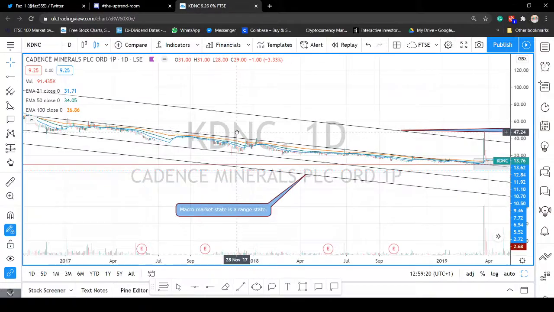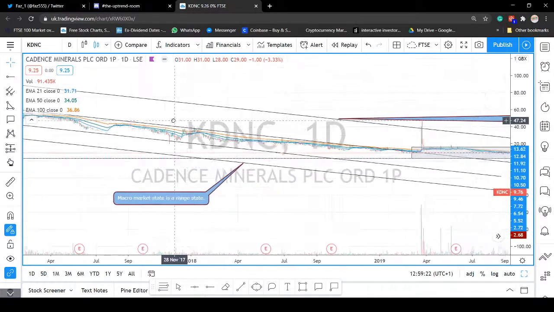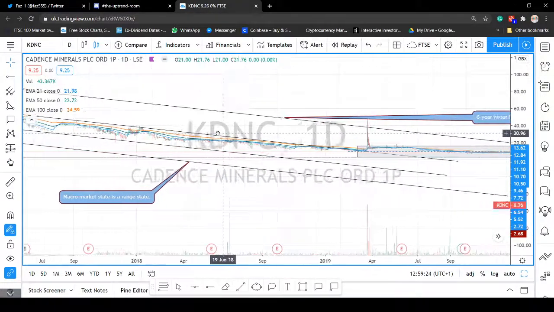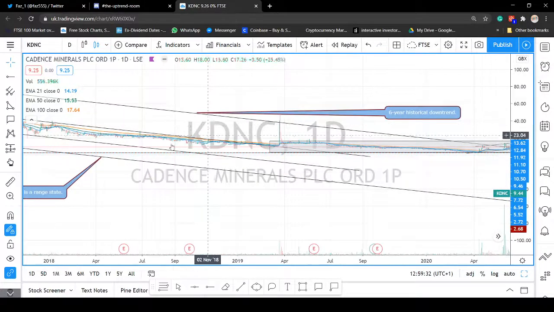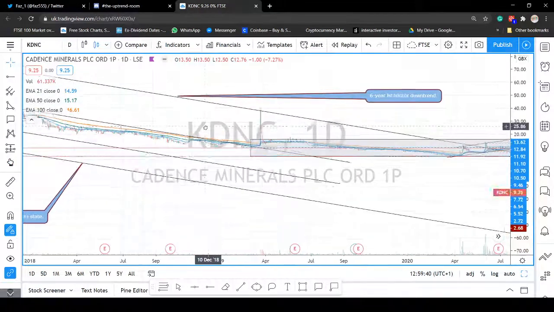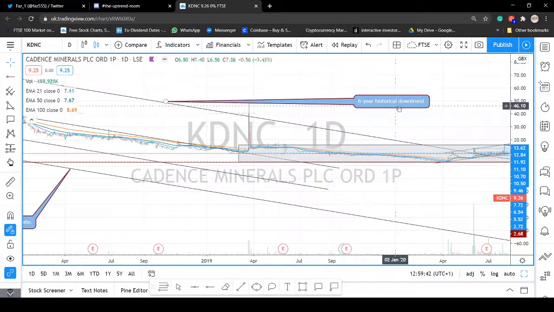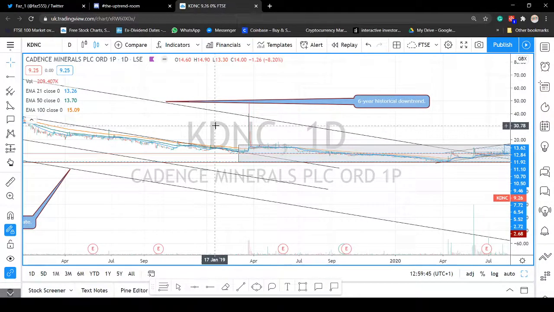This is the macro market state of KDNC on the daily. Just a downtrend within a channel, and a tighter downtrend. So you wouldn't want to buy this market at all in this state. You would be going against the dealers. You'd be going against the trend. So yeah, we're in a 6-year historical downtrend with KDNC.